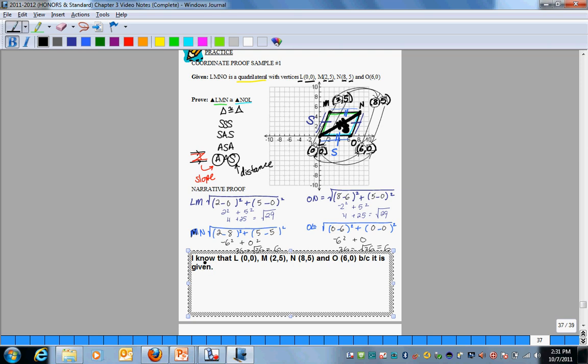So I can start by saying I know that point L is at 0, 0, M's at 2, 5, N's at 8, 5, and O is at 6, 0 because it is given. Then using the distance equation, I found that LM is equal to ON, both root 29, and MN is equal to OL, both 6.